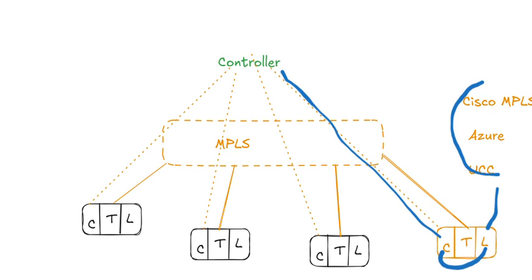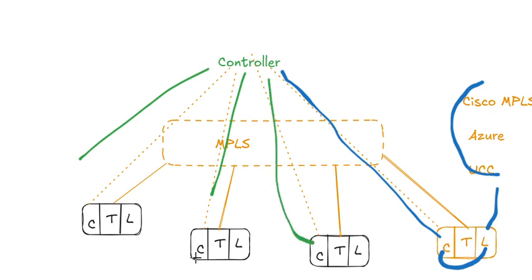Now, the controller being a route reflector, it will advertise those Azure and legacy Cisco routes to all the sites, and then the control VR on those sites will give those routes to the LAN VR. And now all these three sites have the Azure and Legacy Cisco routes in their LAN VR.